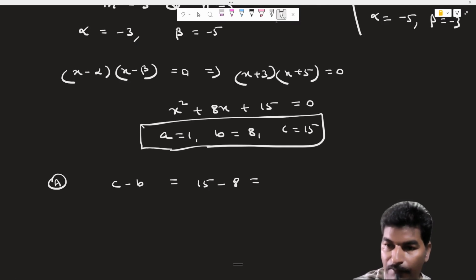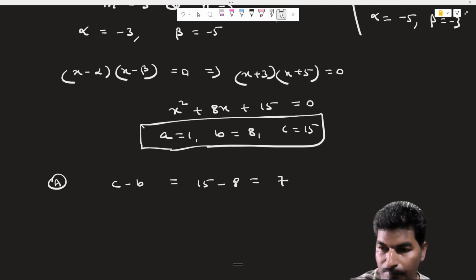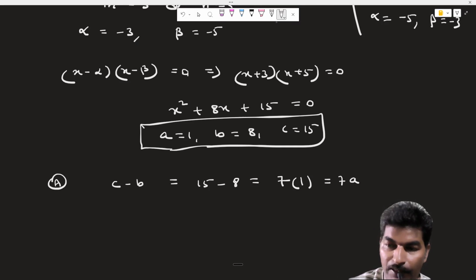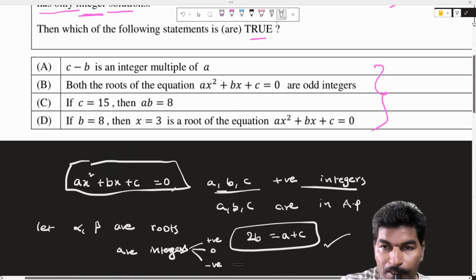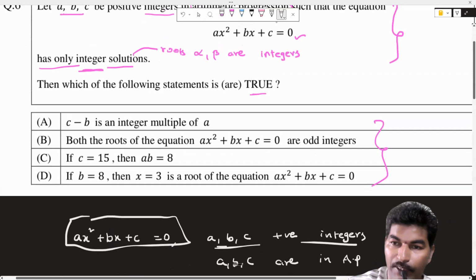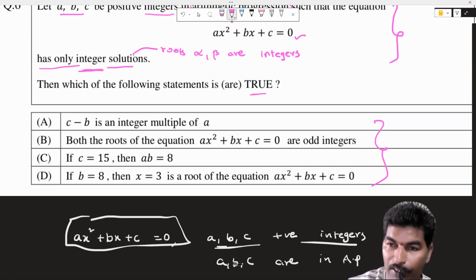How much is it? 7. We can write it as 7 into 1, so 7a you can express. Therefore, it is a multiple of a, so option 1 is true.